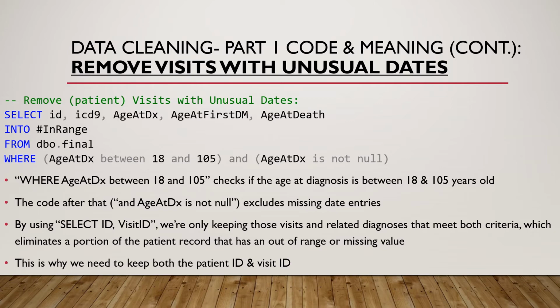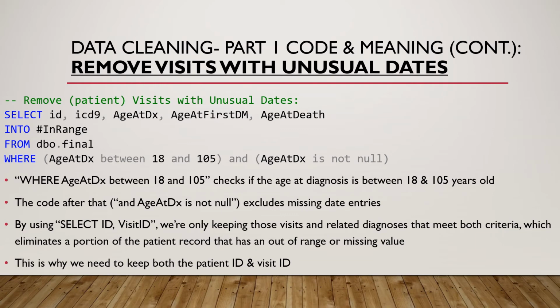Next, we remove visits with unusual dates. Select all 5 columns in the dbo.final into a temp table called in range, where age at diagnosis between 18 and 105 and age at diagnosis is not null.